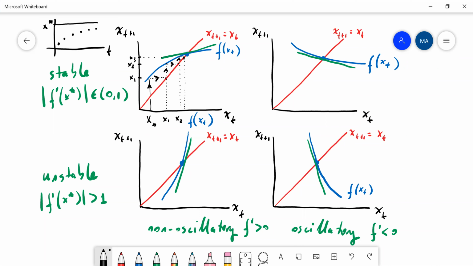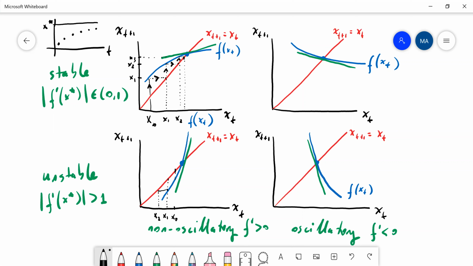Similarly, if you have x0 here, you find x1 here, so this is x1. If this is x1, you find x2 here, so this is x2.